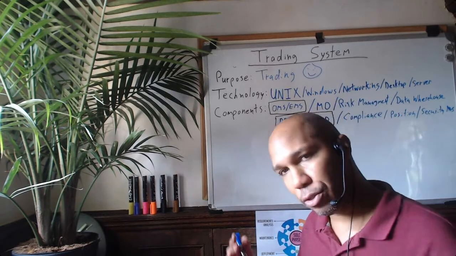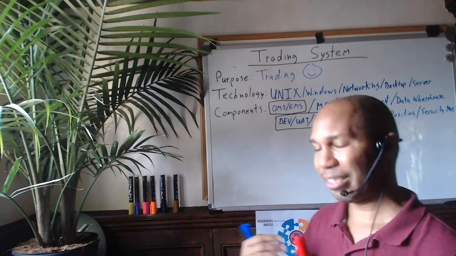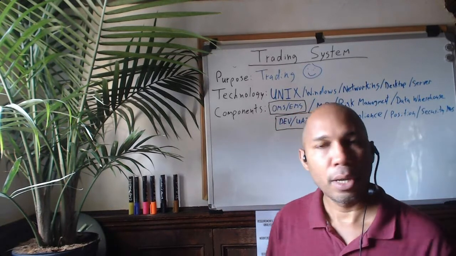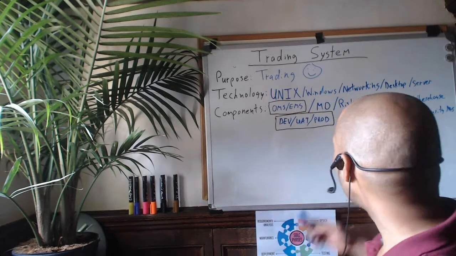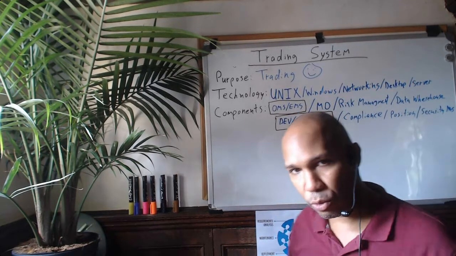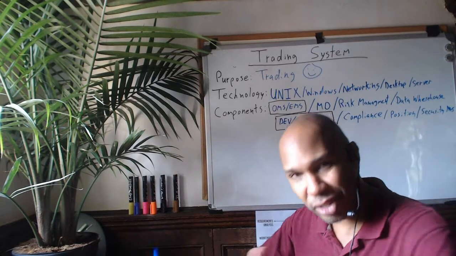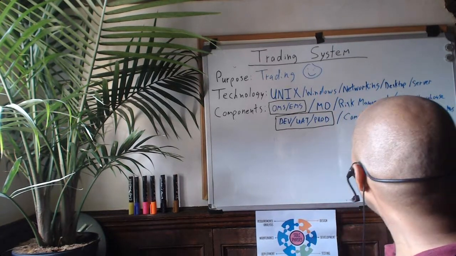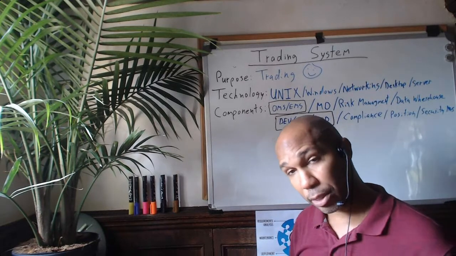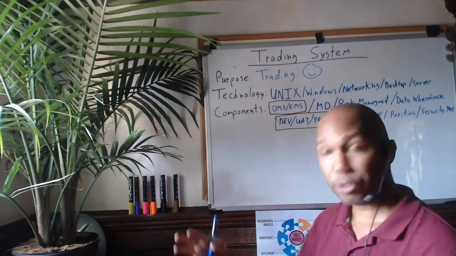So the firm needs to determine what are acceptable levels of risk, and based on those decisions, you're going to have a risk management system that's going to make sure that the firm stays within those bounds. That's going to tie closely with your position management, because position management is going to provide data in terms of what your exposure is.